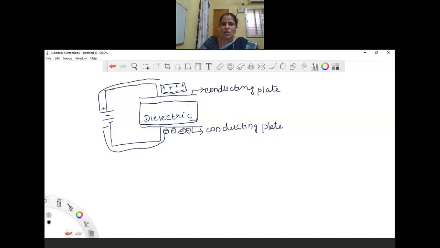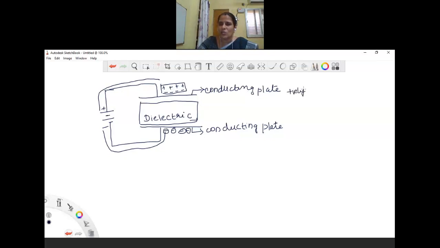Okay, so what will happen here? In the top plate there will be a shortage of electrons, but in the bottom plate there will be an excess of electrons.